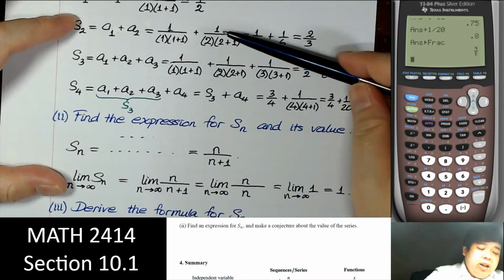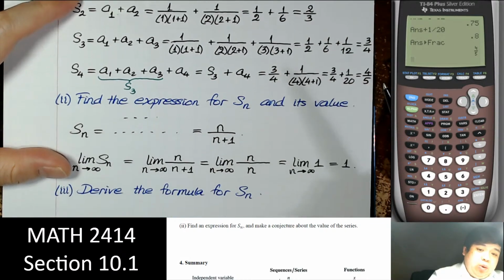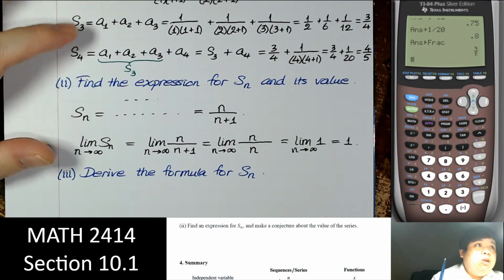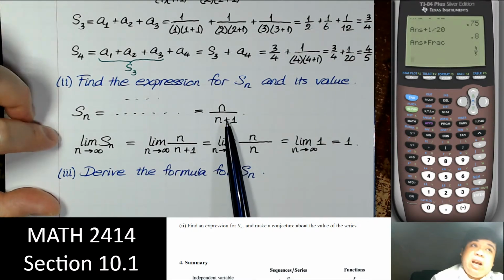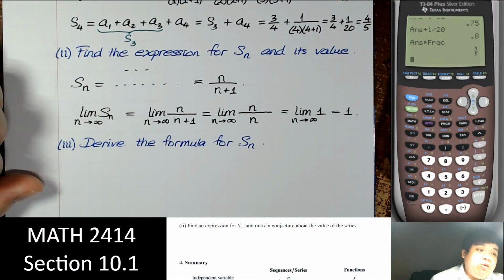What we did here is we did a bunch of examples and came up with the pattern, but that's not a proof. We see that if this pattern continues, indeed we have that, but again this is not a proof. So how do we prove this?